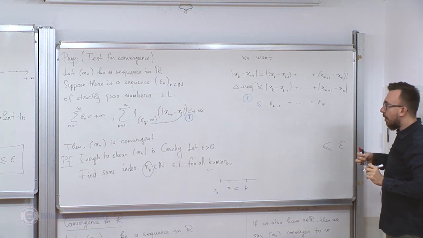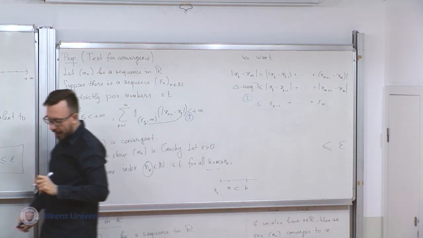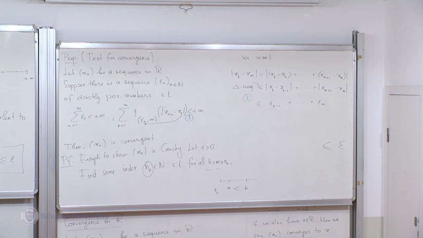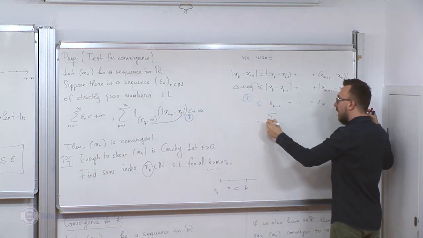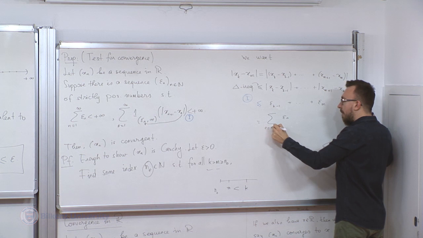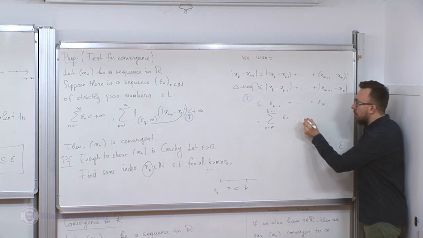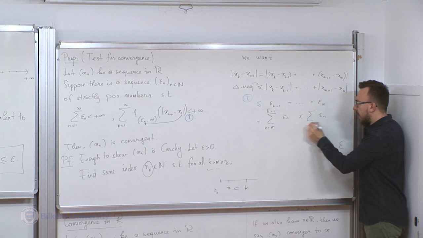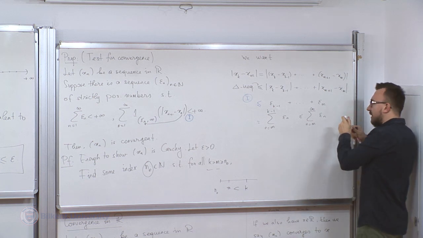This is what we'd like to bound them by. Okay, so which index was the smaller one? M, right? So this is epsilon n from n equals m to k minus 1. Okay. And I can also bound this by n from m to infinity, let's say. So now I'd like to have this less than epsilon.